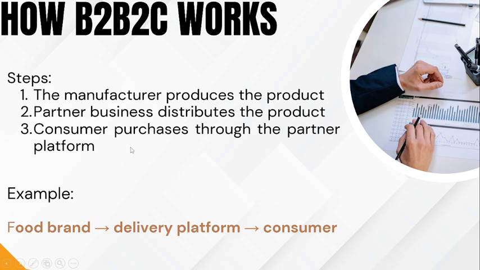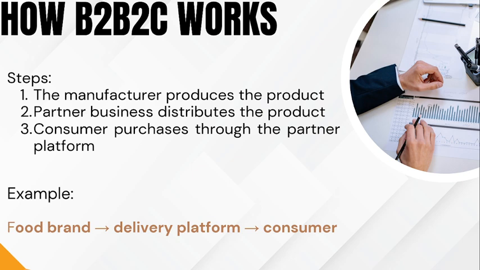You can see that the first step is the manufacturer or services. For example, a food brand develops a product or service. The second step is that the business partners with another company that already has access to customers.